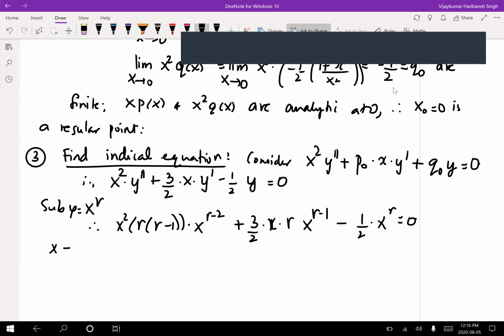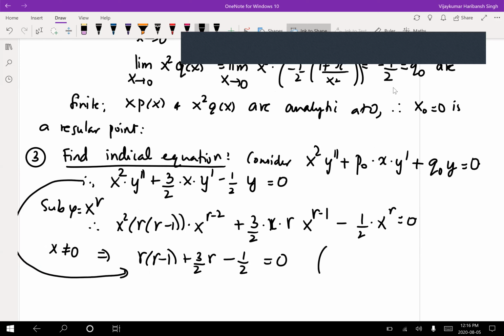Now x is not 0, so this implies r into r minus 1 plus 3/2 r minus half equals 0. You can directly write from here to here. This is your indicial equation.